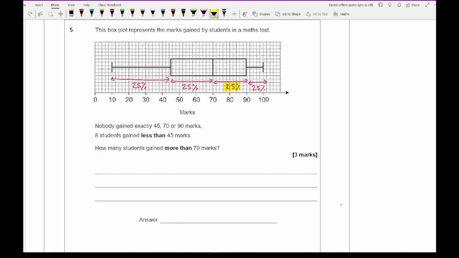Well, it's going to be 25 plus 25. It tells us that 8 students gained less than 45 marks, so that's telling us that 25% equals 8. 50% scored more than 70. So 8 times 2 gives me an answer of 16.